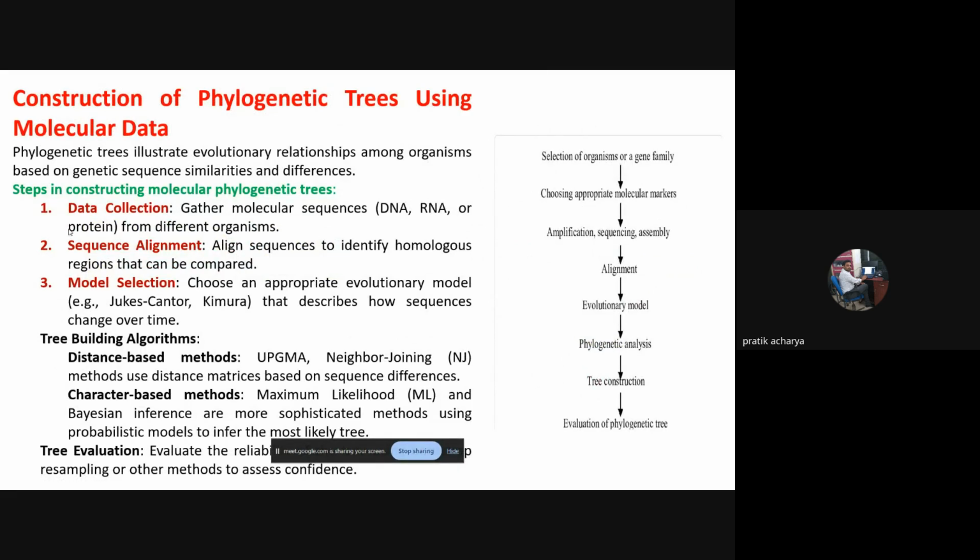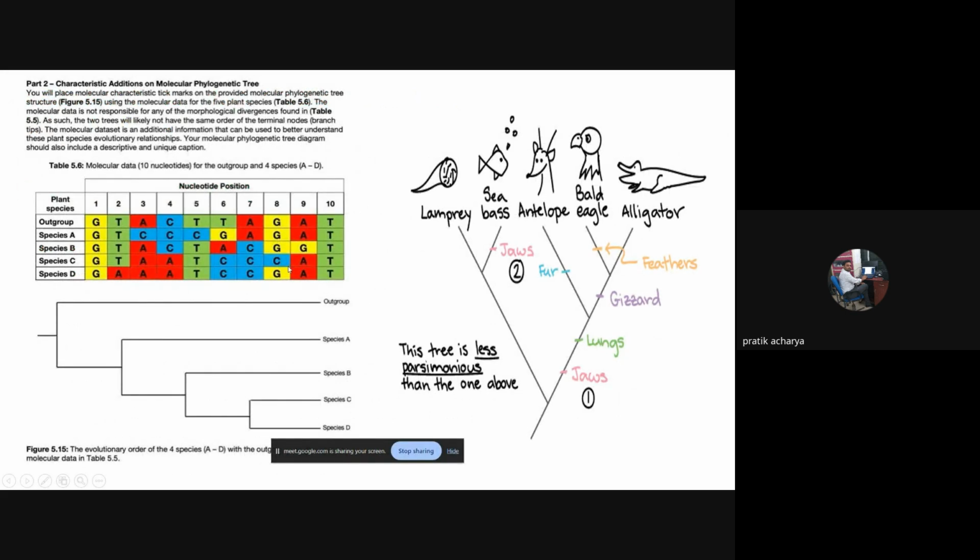Then sequence alignment is very important. That means identifying homologous regions that can be compared. Just look here. This is the picture where we get homologous regions. This colorful region, similar color, shows the homologous regions in different sectors. This is the presentation of different species: species A, and so on, each different.